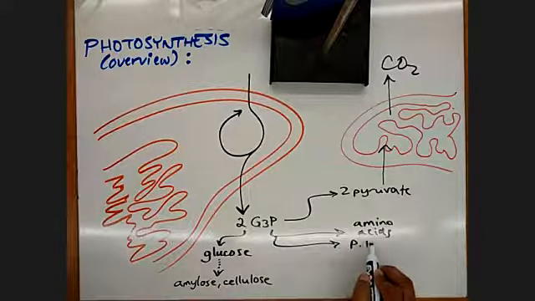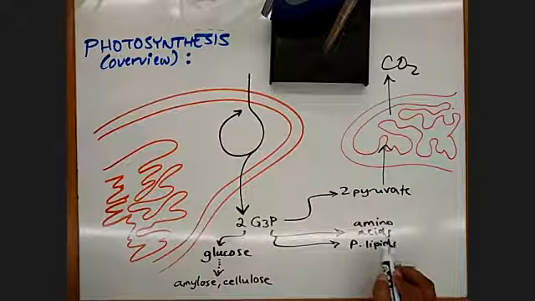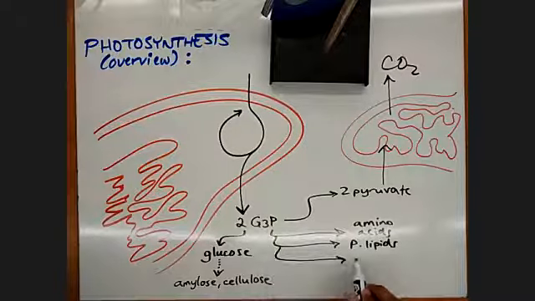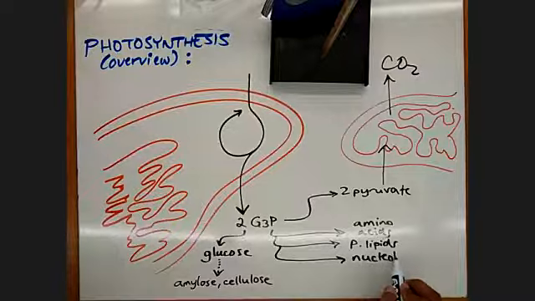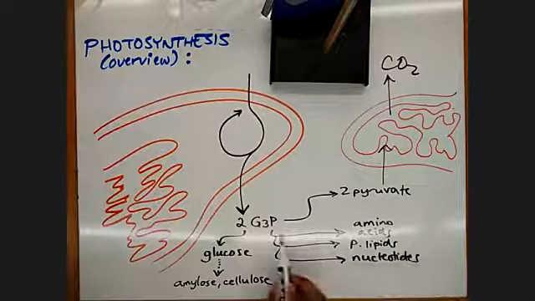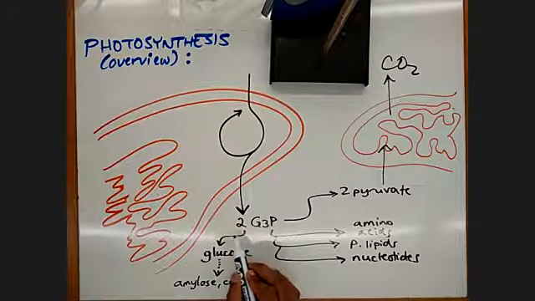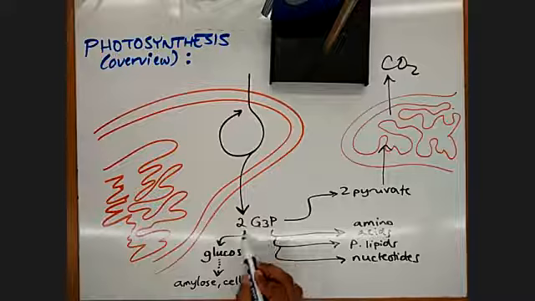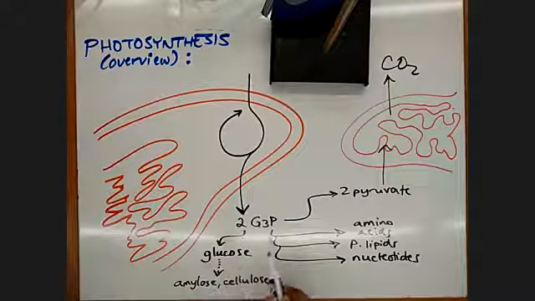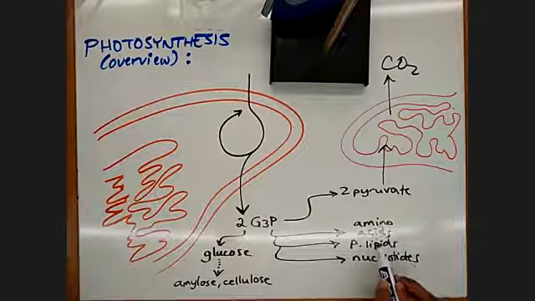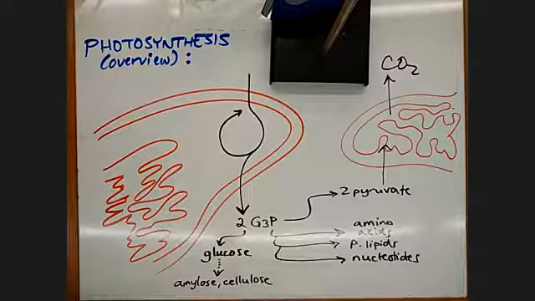That means making nucleic acids, nucleotides. Now, before we get too far on this aspect, realize that this is a sugar, so it's just made up of carbon, hydrogen, and oxygen. So while you can build it into some lipids and other carbohydrates, to convert it into amino acids, phospholipids, or nucleotides, you're going to need some additional nutrition.